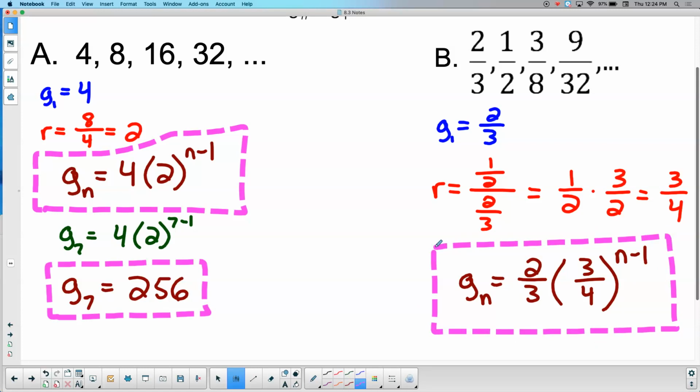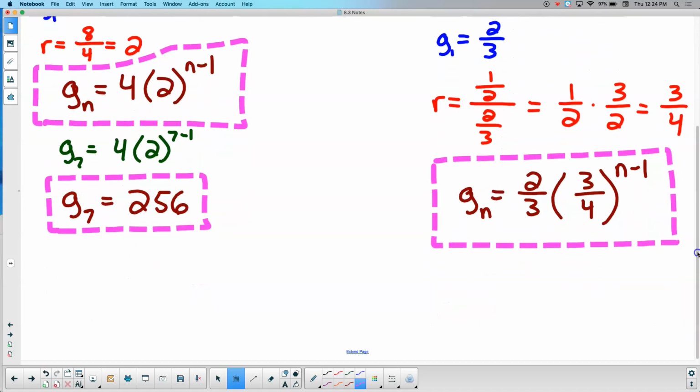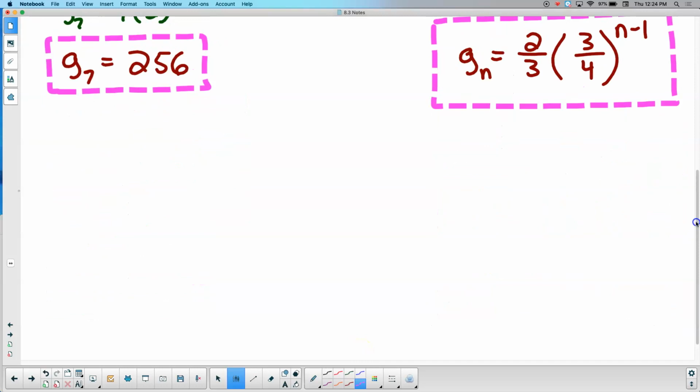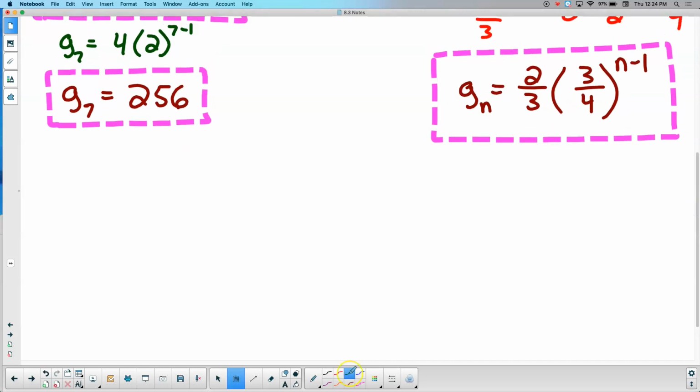Now we need to find the 7th term. Oops, jumped too far. G sub 7 is going to equal 2/3 times 3/4 to the 7 minus 1 power, which is 3/4, excuse me, to the 6th power.